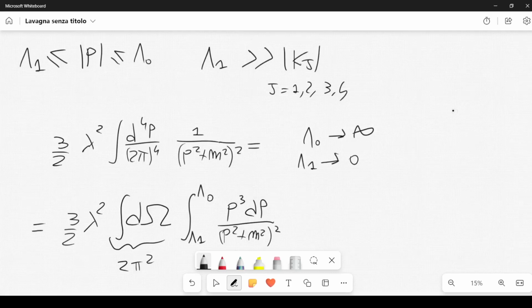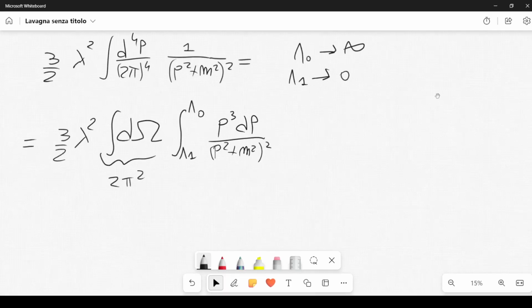Now this is a simple integral to carry out. You can make a substitution, for example, of the following kind: p² equal to m² u, and you can calculate this integral. It is just something that you do in single variable calculus, so I'm not going to do it.